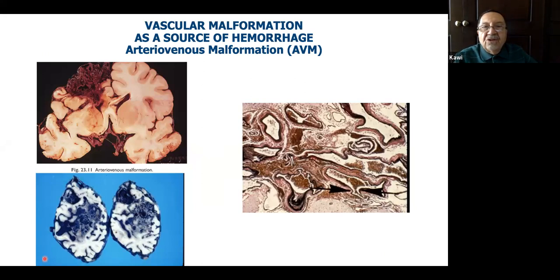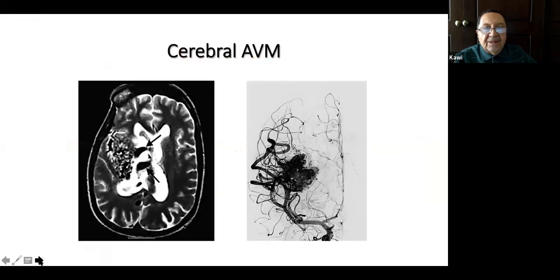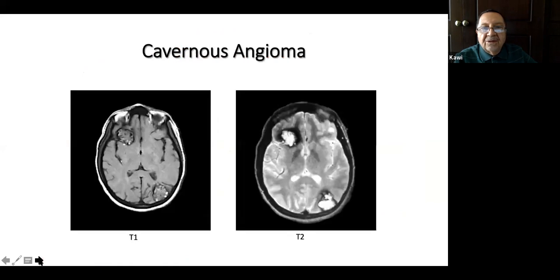Vascular malformations as a source of hemorrhage, as I mentioned, can be congenital, and they grow as the patient grows older. Males are involved more than females, and they can be seen on angiography like we see it here.